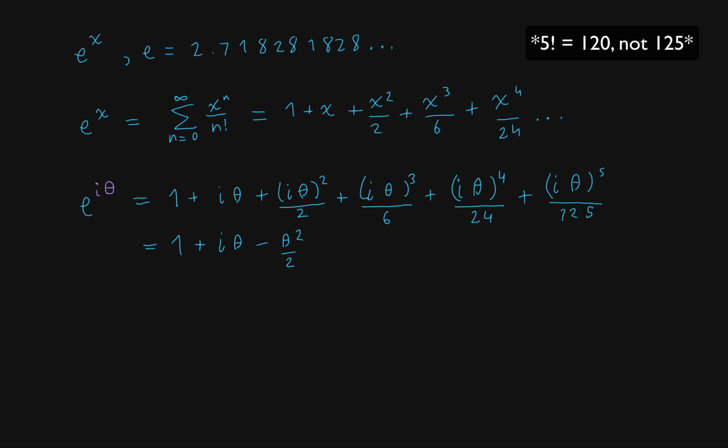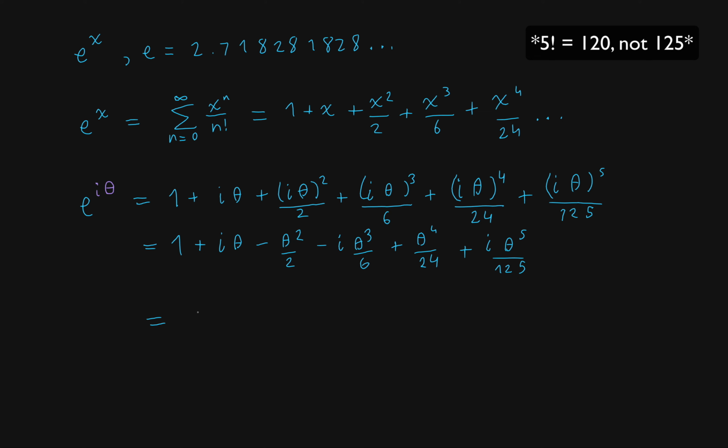And then i cubed, that's negative i theta cubed over 6. i to the 4, that's just 1, so we're just going to have theta to the 4th power over 24. i to the 5th, this is just going to be i again, so we're going to have i theta to the 5th power over 125.